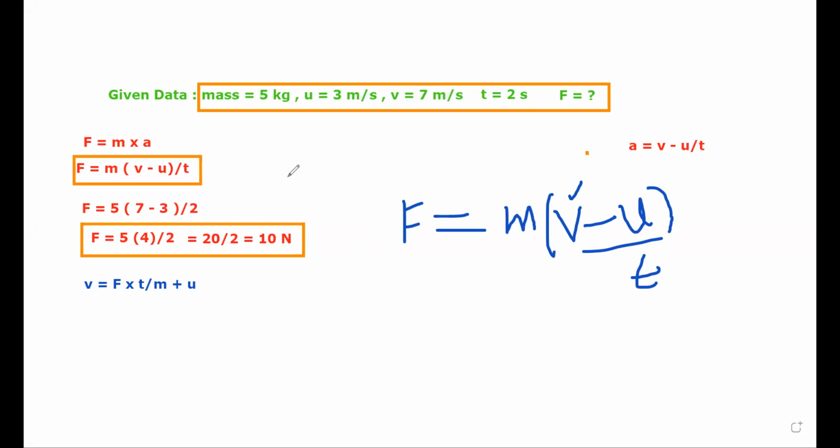When it goes to the LHS side, that becomes F into t, isn't it? Then mass, which is in the numerator, when it goes to the LHS side, goes to the denominator, that is F into t by m. Then this minus u, when it comes to the LHS side, changes its sign, that is plus u. Then this is the equation for v here, right? This is what we have written here. v is equal to F into t divided by m plus u, right?